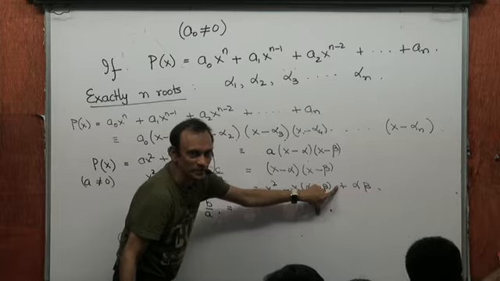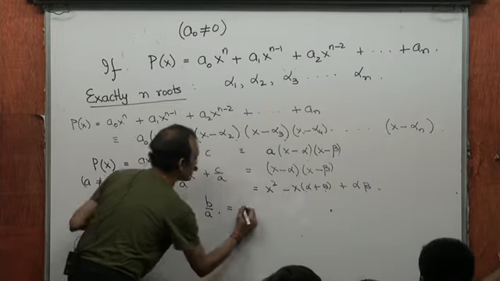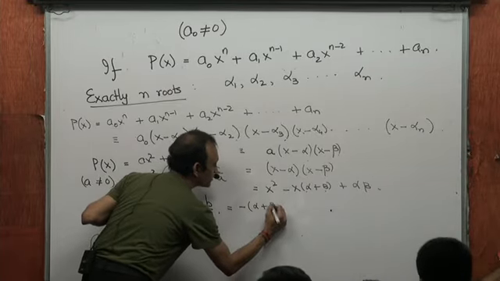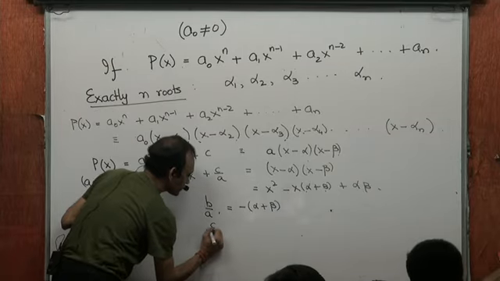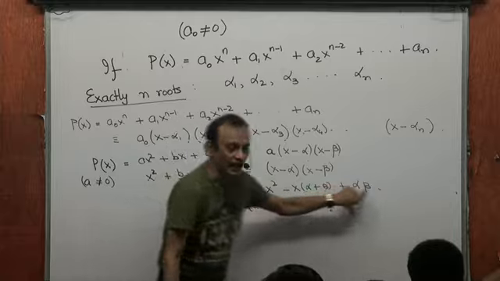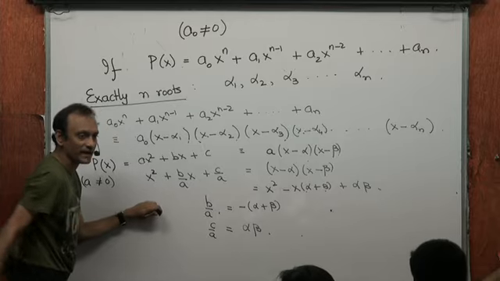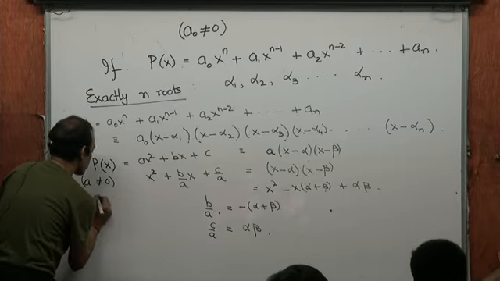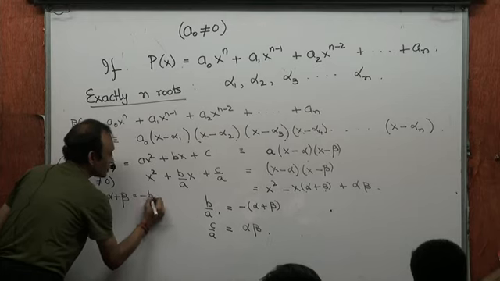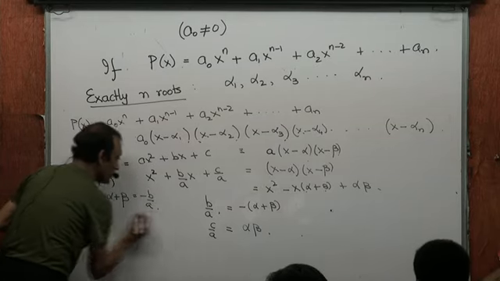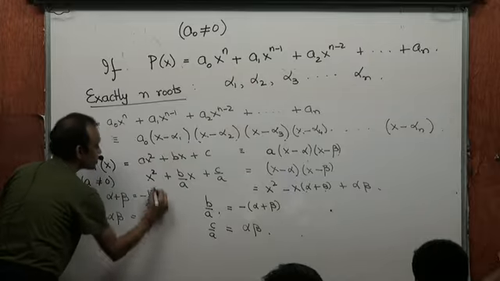Minus of alpha plus beta. What is the constant term here? c by a. What is the constant term there? Alpha beta. So equating coefficients of equal powers of x, this gives me alpha plus beta equal to minus b by a, the sum of the roots, which you know, and alpha beta equal to c by a, the product of the roots. Yes or no?